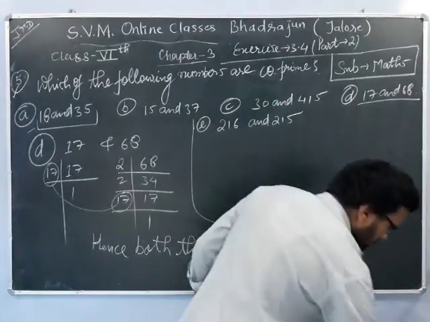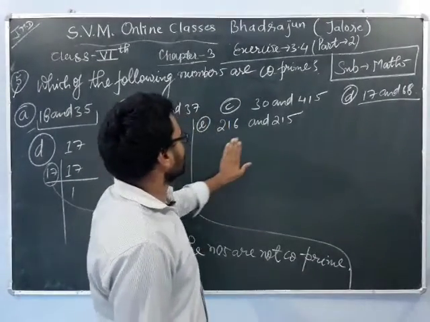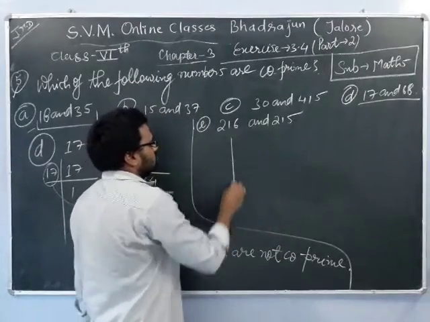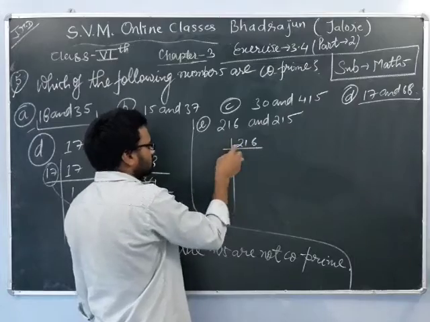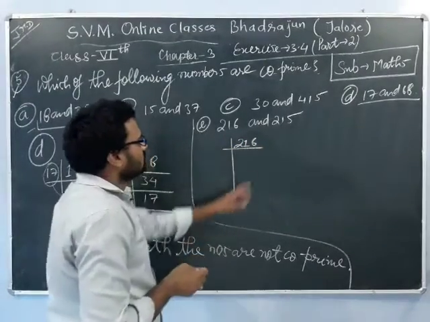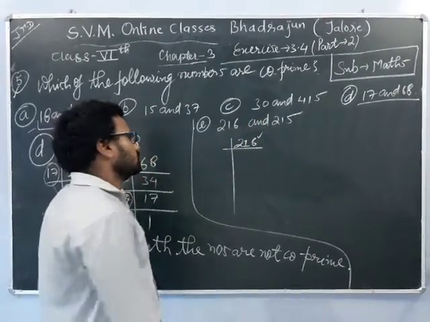Okay, 216 and 215. So here we are seeing that this is 216, and here we are able to see that the unit place digit is 2, hence this number will be divisible by 2.